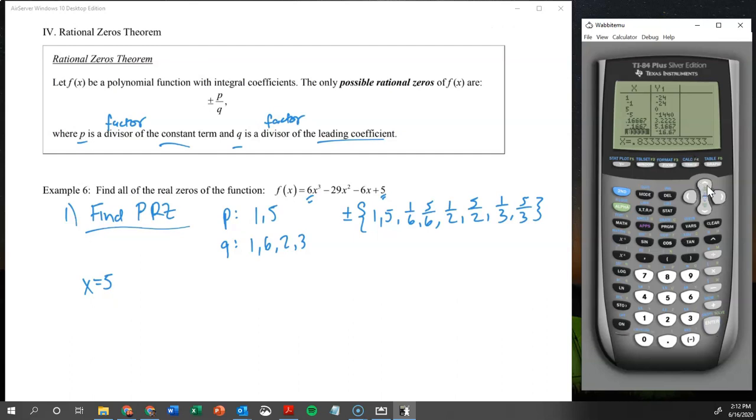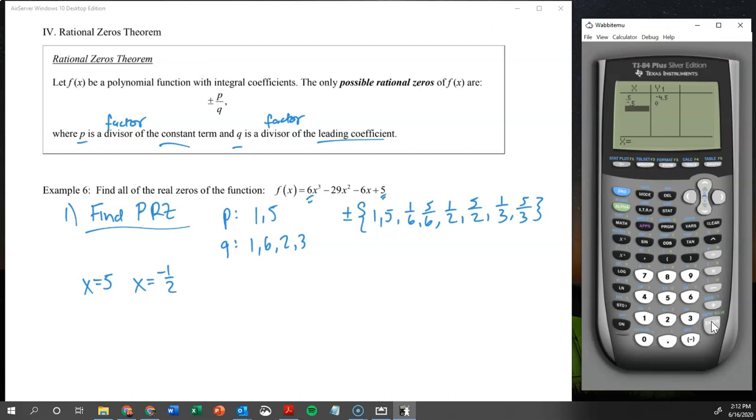If you're at the bottom of the list, you could go back up to the top and start hitting the delete button so that those delete out of there. What if we try positive 1/2? That is not an answer. What about negative 1/2? That is an answer, so I'm going to have another 0 here: x is equal to -1/2.